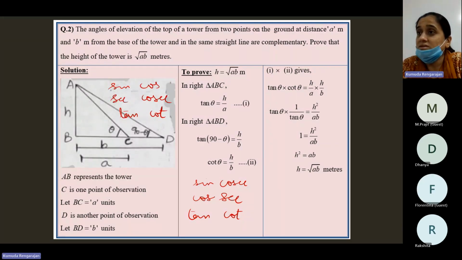Sine and cos, sine theta and cos theta. Sine and cos are complementary ratios. Cosecant and secant, complementary ratios. Tan and cot are both reciprocal ratios as well as complementary ratios. So if you have tan 90 minus theta, you can write it as cot theta. If you have cot 90 minus theta, you can write it as tan theta.